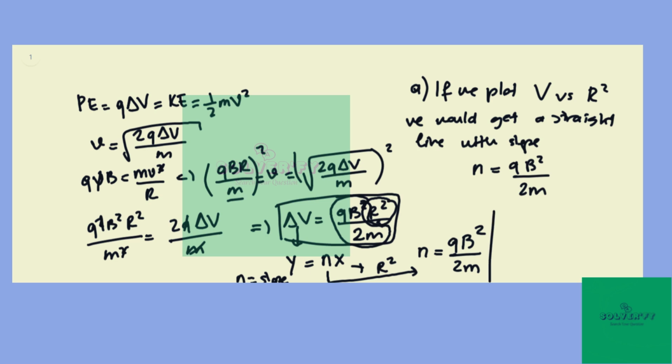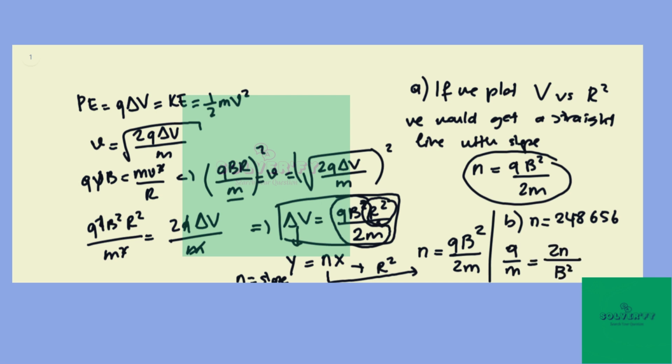So from part B, if you plot the data on Excel and command it to show you the slope, then you're going to find something like 248,656. Then, going back to this equation, let's isolate Q over m from there. Then 2n divided by B squared has to give us the Q over m.